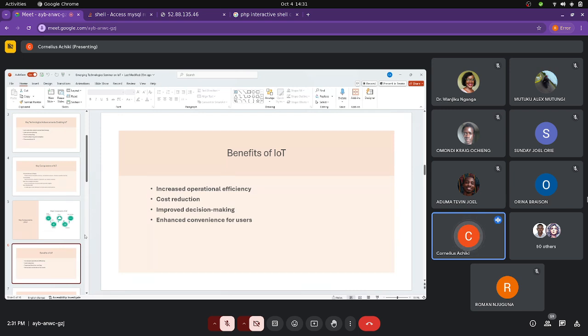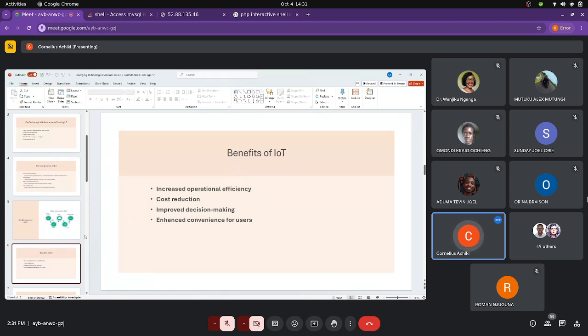And then you have enhanced convenience for users. As I said, we are lazy as human beings, and if you're able to get anything that is convenient for us, we should be able to uptake that technology as soon as possible. That is where IoT comes in also. It ensures that you're able to do other tasks, knowing that the system is going to be looking at the critical aspects of your environment without you being physically there.